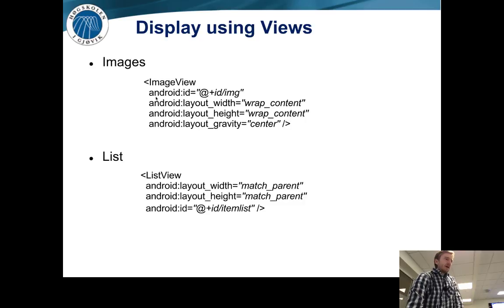And then you have a number of different things. So for example, image view, you have the layouts, how it wraps with the container. If you say wrap content, the image view will contract to the size of the content, so it will minimize itself to what it needs.